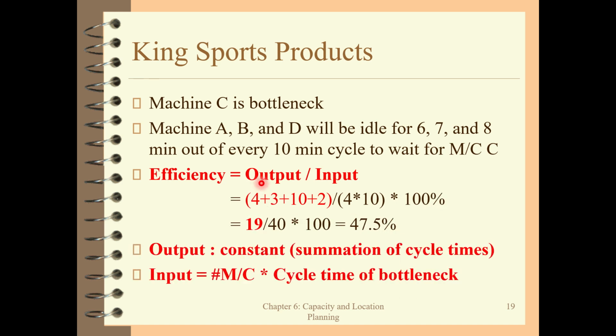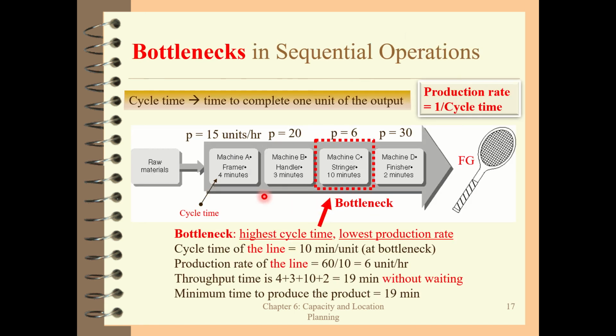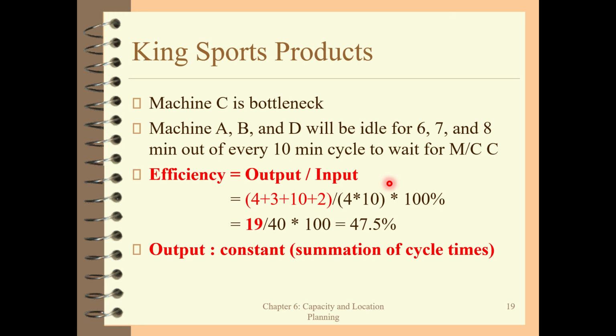So the efficiency of the line, okay, is equal to output divided by input. The output is always constant. The summation of the cycle time, that is 4 plus 3 plus 10 plus 2, comes from this one. Okay, 4 plus 3 plus 10 plus 2, the output. And then the input is equal to the number of machines that is used in the system multiplied by the cycle time of the bottleneck.